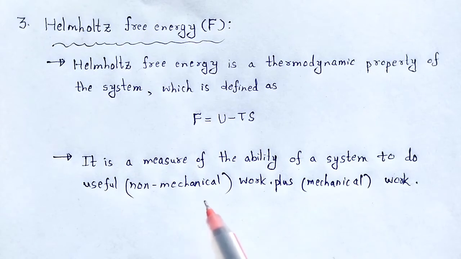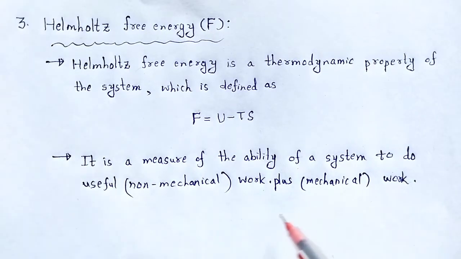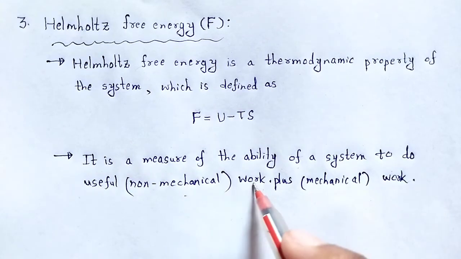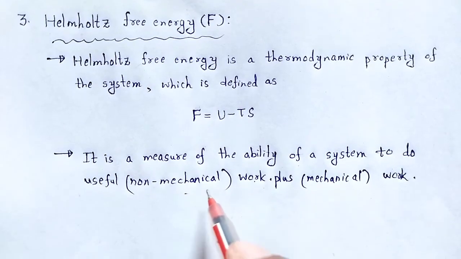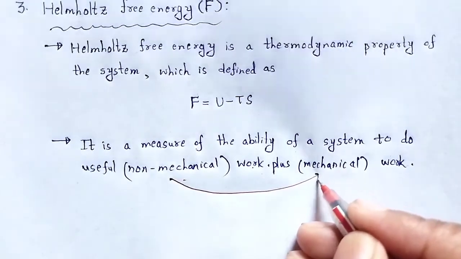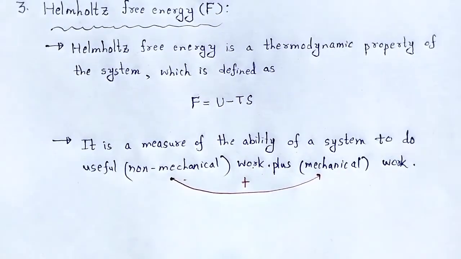That means it is the measure of the ability of a system to do useful work, non-mechanical work plus mechanical work. That is the combination of non-mechanical plus mechanical work.